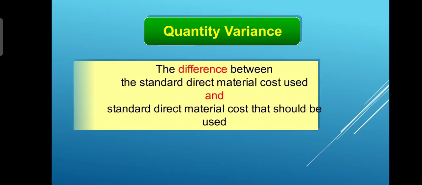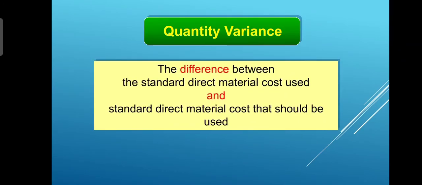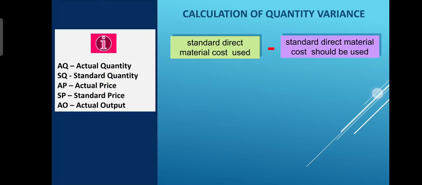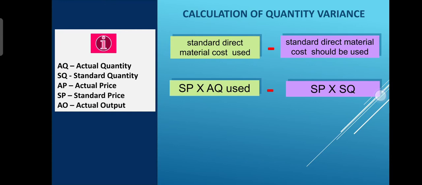Now it is time to calculate the quantity variance. It is the difference between the standard direct materials cost used and the standard direct materials cost that should be used. Quantity variance is standard direct materials cost used minus standard direct materials cost that should be used.